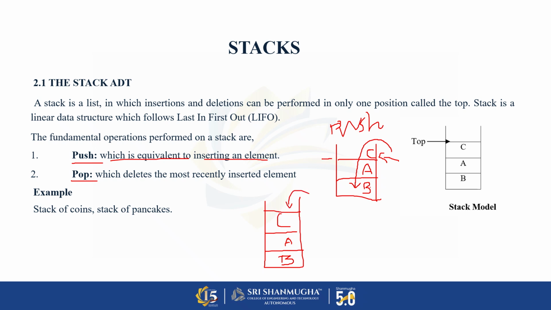The pop operation deletes the most recently inserted element. Here the most recently inserted element is C, so we delete C, and that is called the pop operation. For example, a stack of coins or a stack of pancakes. This is the push operation and this is the pop operation.